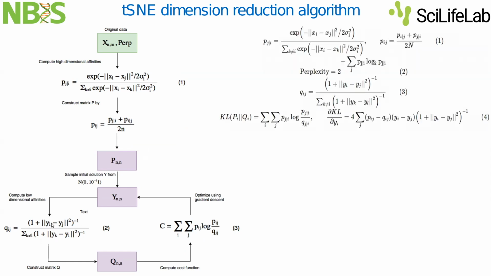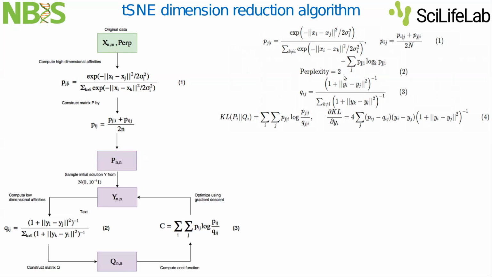And here is a more explicit set of equations that codes t-SNE. It looks horrible, but actually it's not that difficult. If you spend a few hours, it's not that difficult to code t-SNE from scratch, just trying to code these equations. Equation number 2 is the equation for perplexity. It's an important parameter, as I said.